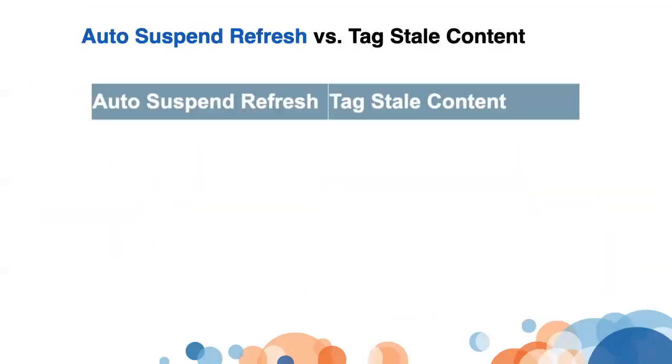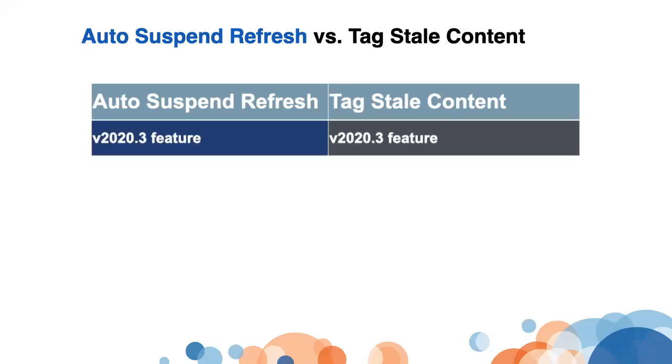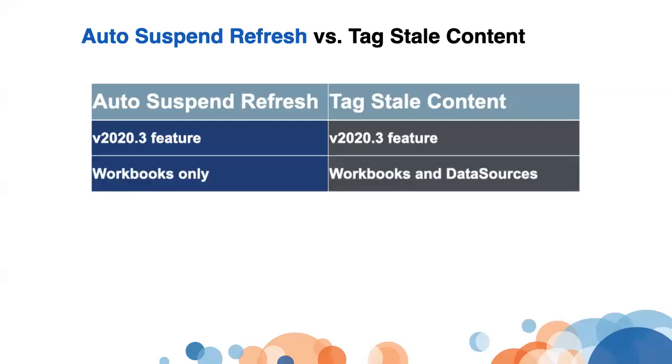I want to compare what is the difference again between auto suspend refresh versus tag stale content. Although both are 2020.3 new features, auto suspend is only for workbooks, but tag stale content is for both workbooks and data sources.